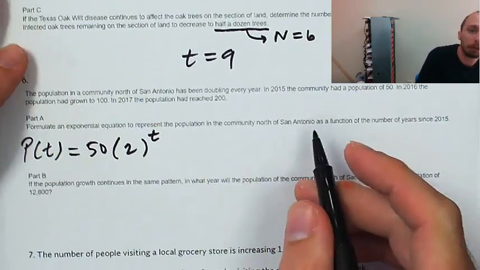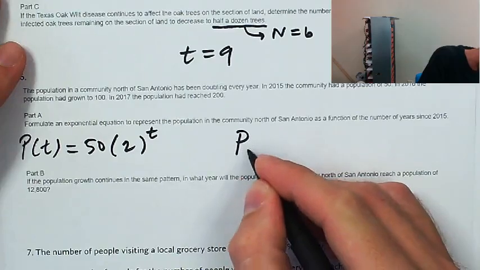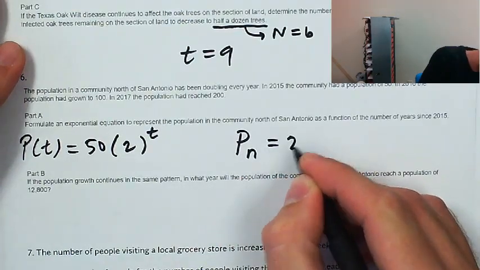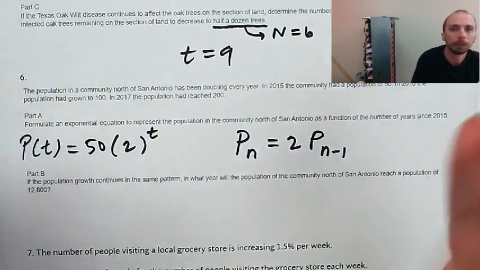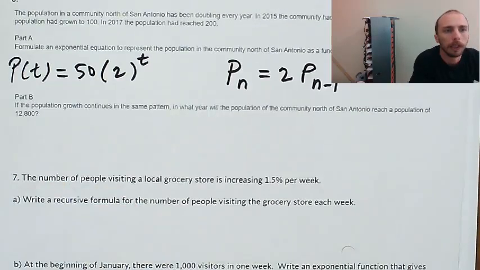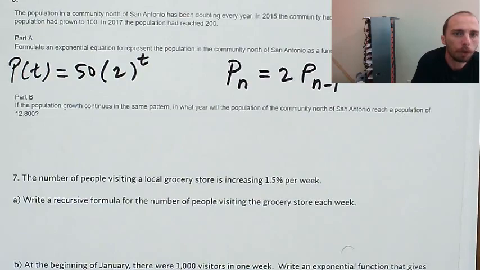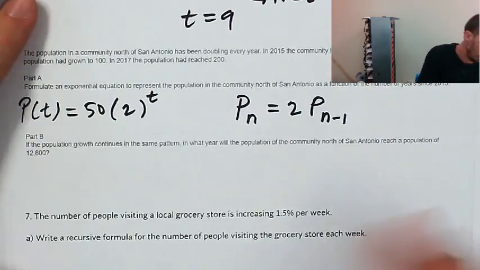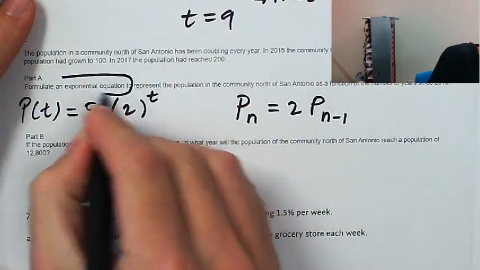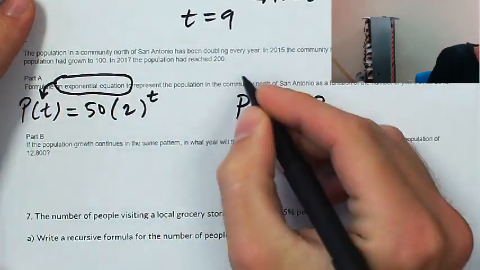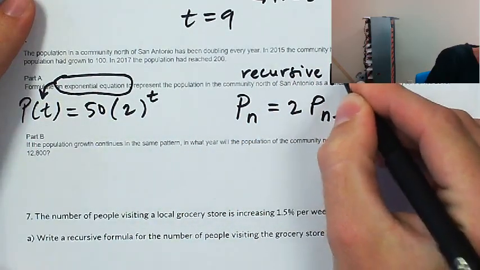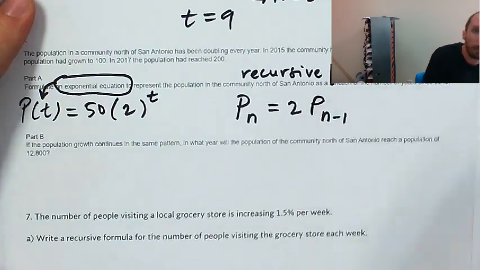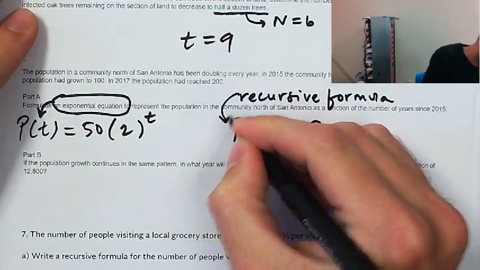If I was to write a recursive formula for this, I would say the population at the nth year is equal to 2 times the population at the year before. And this would be a recursive formula. Thought it might be good if I labeled that. You can't even see it, but there you go.